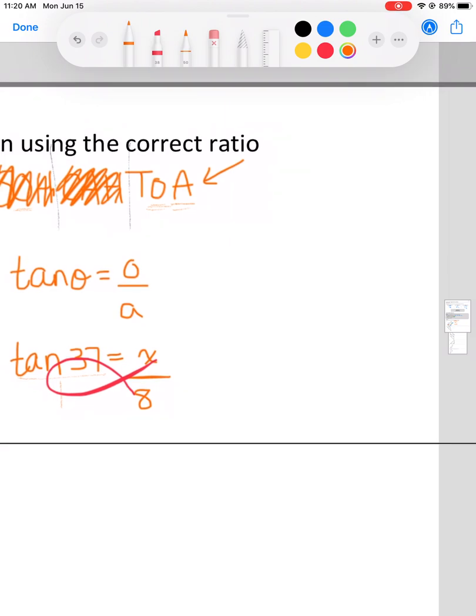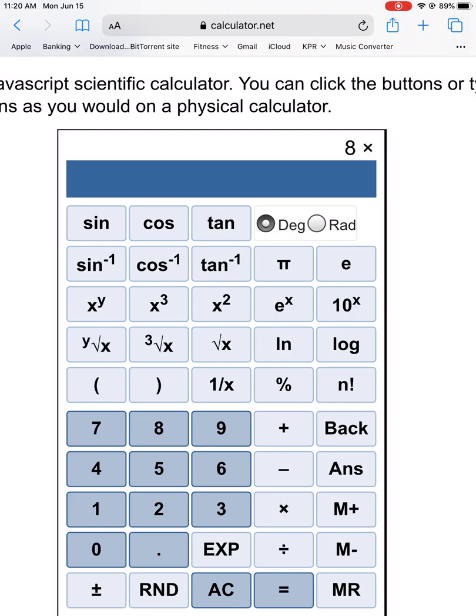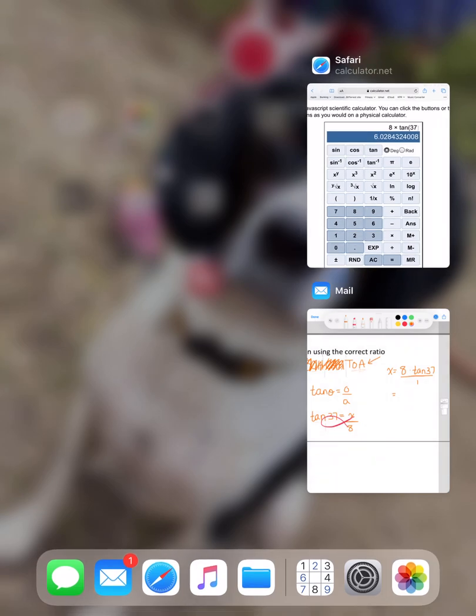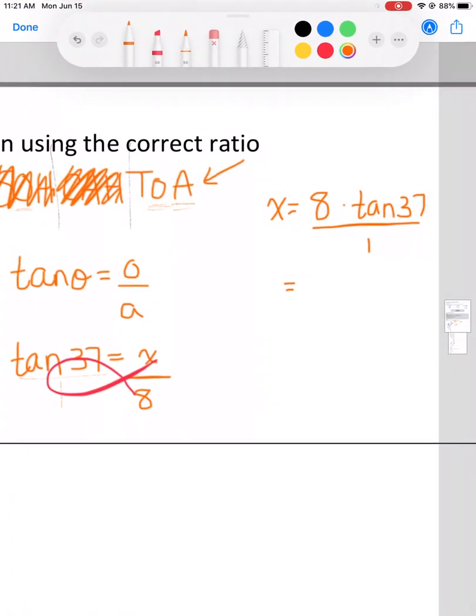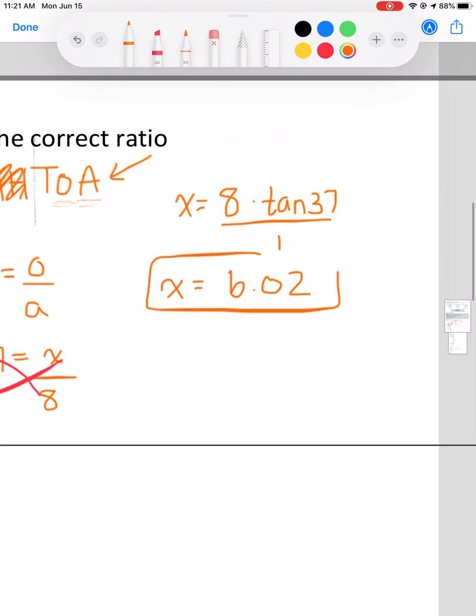So x is equal to 8 times tan 37 divided by 1. Oh, I have to get my calculator up. Ah, it's already up. 8 times tan 37 is 6.02. Is it units? Nope, no units. Or we could just say 6. So we found it. See, that wasn't too bad, was it?